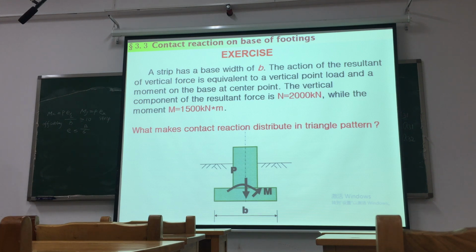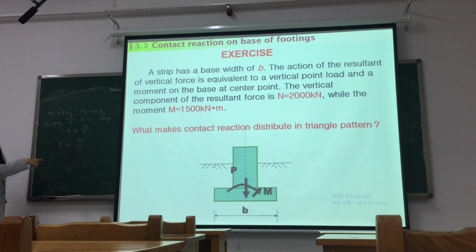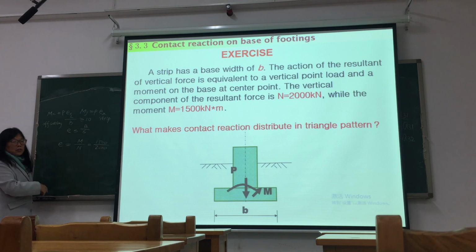Okay. So how to calculate the offsetting? The offsetting equals moment divided by the vertical load. Okay. So the offsetting equals 0.75. Okay.